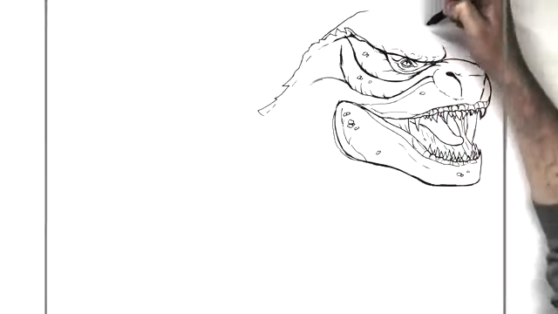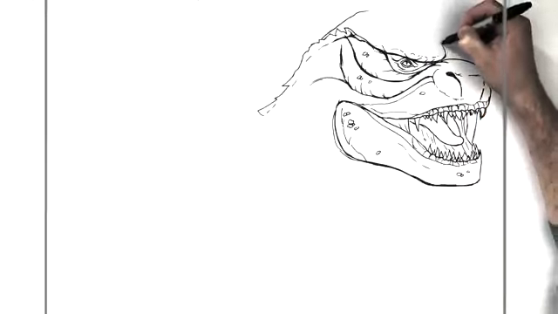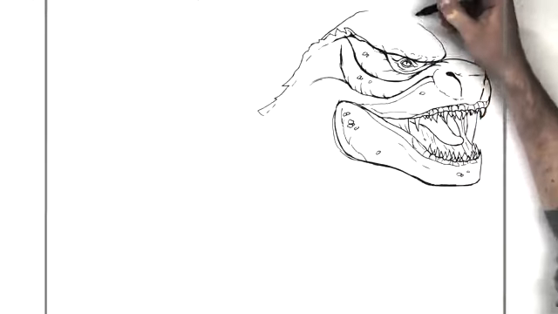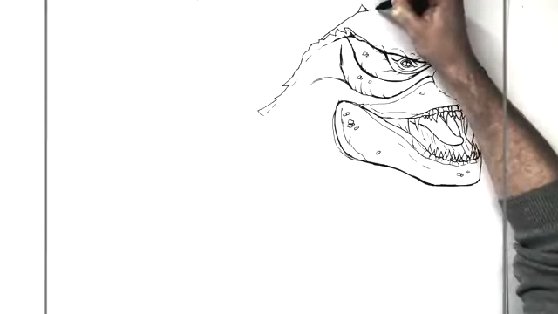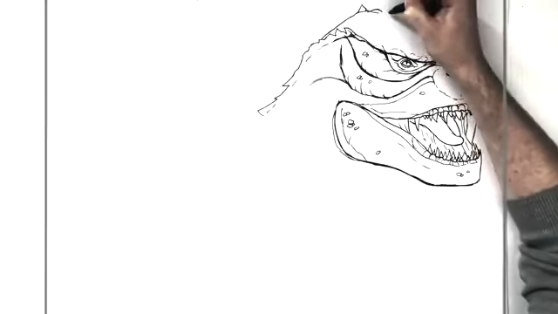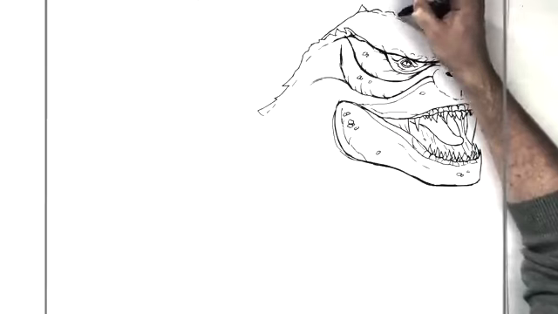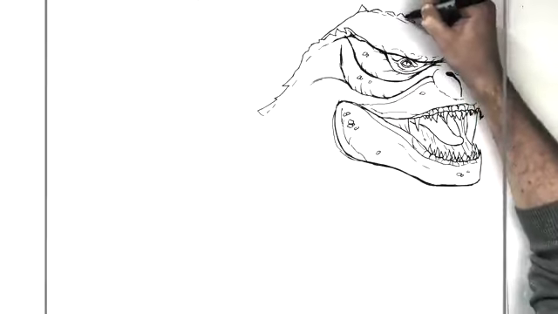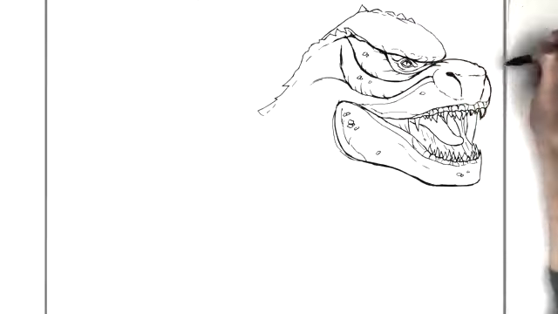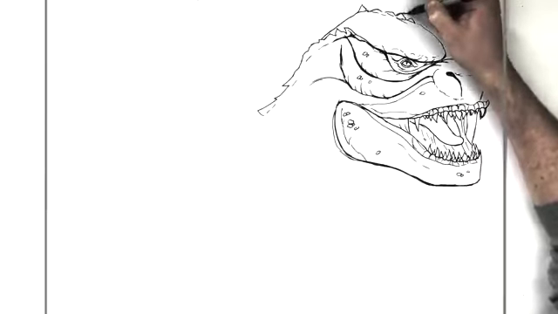And I think we do have some bumps or scales, horns or bumps that go down the middle of his head. Something like that, right? And then the rest of his forehead will come out here.